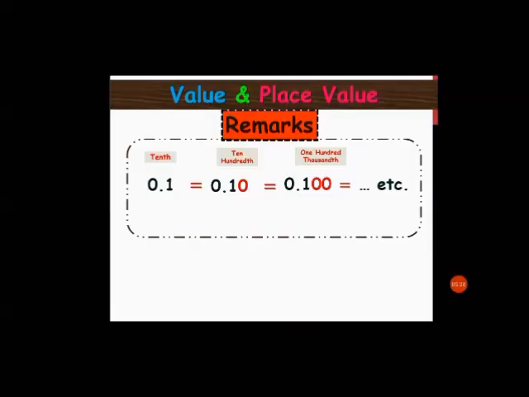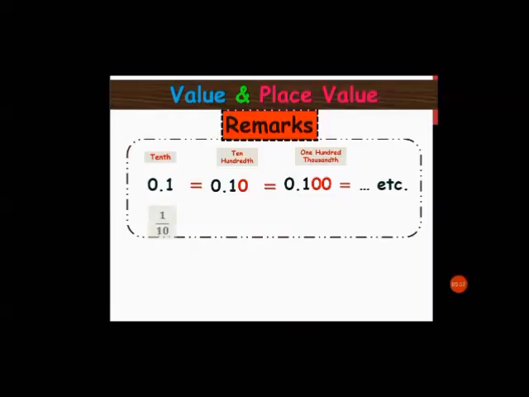So a decimal point is like a mirror. So what you have on the left is just reflected to the right. So exactly as the zeros on the left for the whole numbers do not affect the value of the number, also the zeros to the right of the decimal do not affect the value of the number.